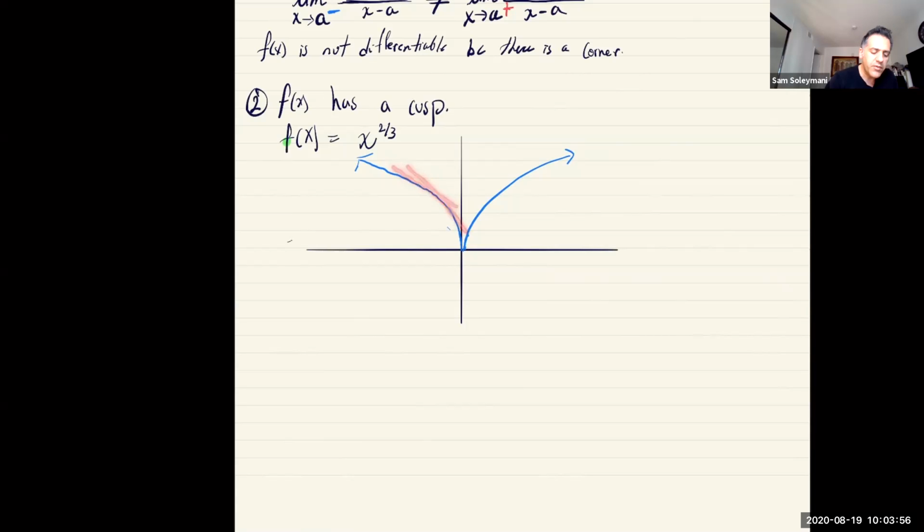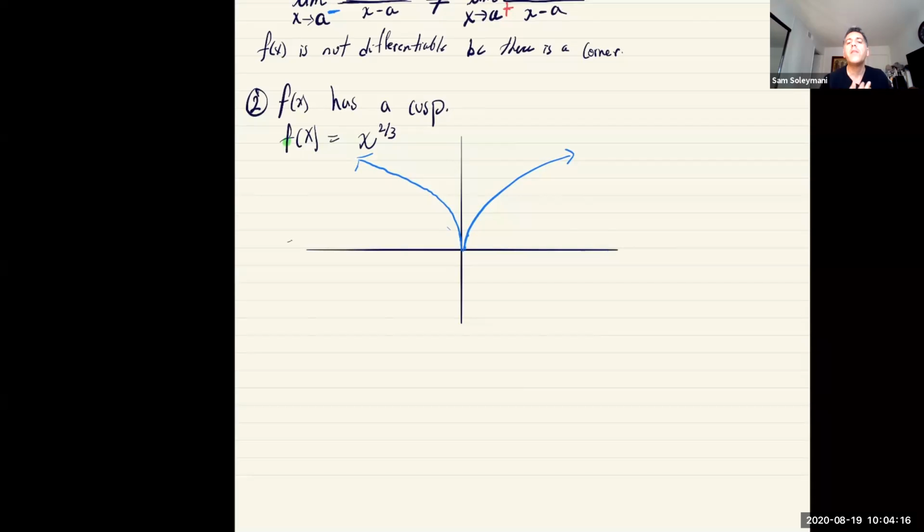It becomes more and more vertical. And we know that if a line is vertical, then its slope is undefined. So for sure we know that this function is not differentiable.